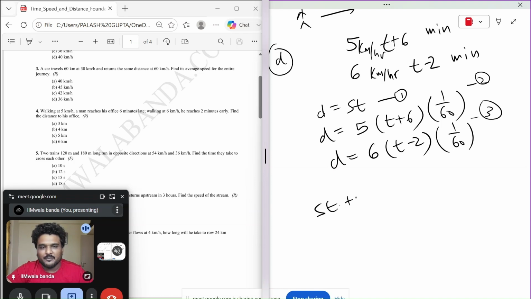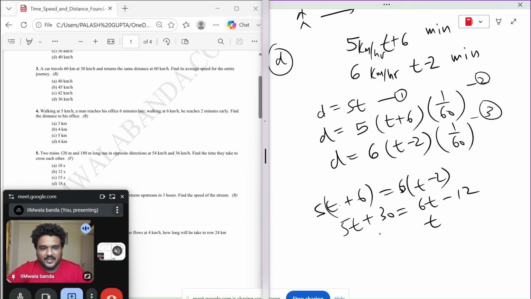And if you open it in your mind, it is 5t plus 6 and 6t minus 2. The way I will do it, I see 6t here and 5t here, so I can directly write t here. And this is minus 12, this is 30, so 30 plus 12. I can simply write that, but just so that you get comfortable gradually, I'm showing you. 5t came here, 12 came here, and it became 42.